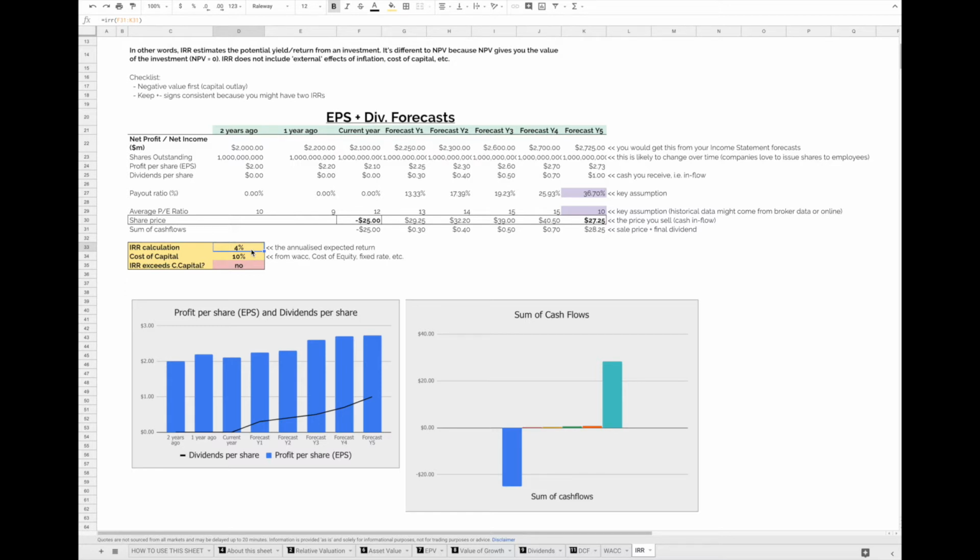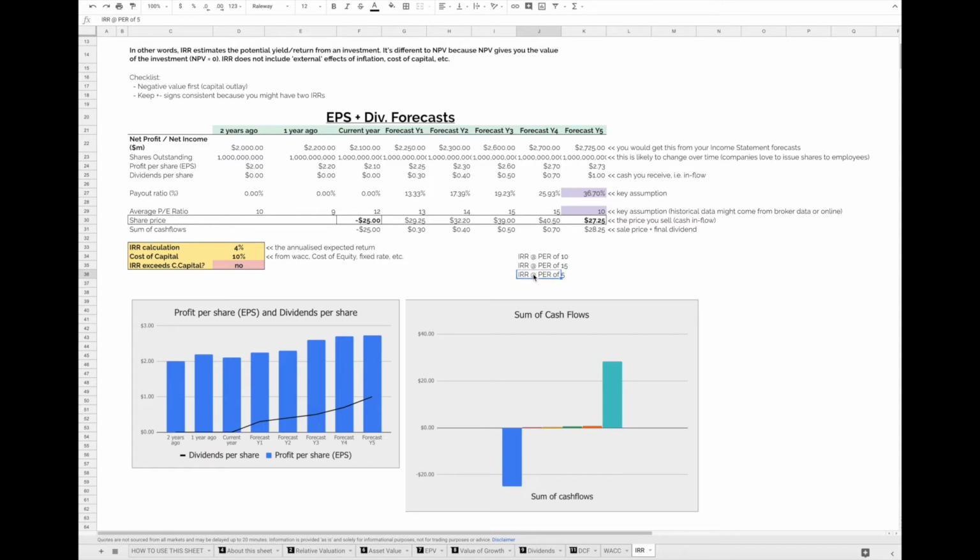What you might do to stress test your model is you might do different assumptions. So you might say IRR at a PE ratio of 10, IRR at a PE of 15, IRR at a price earnings ratio of, let's say, 5.